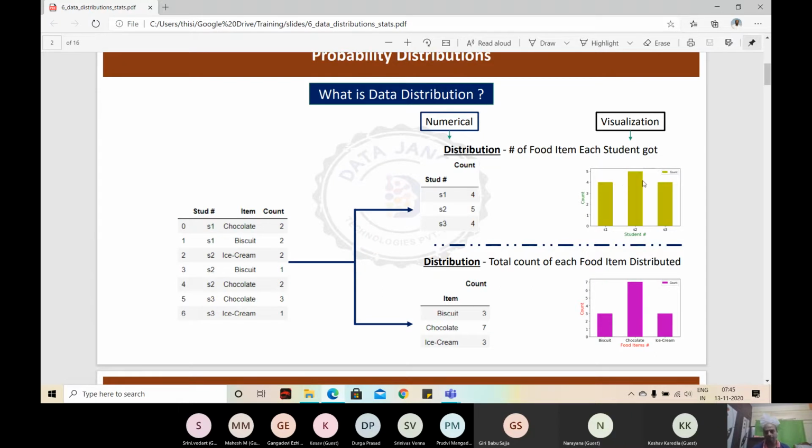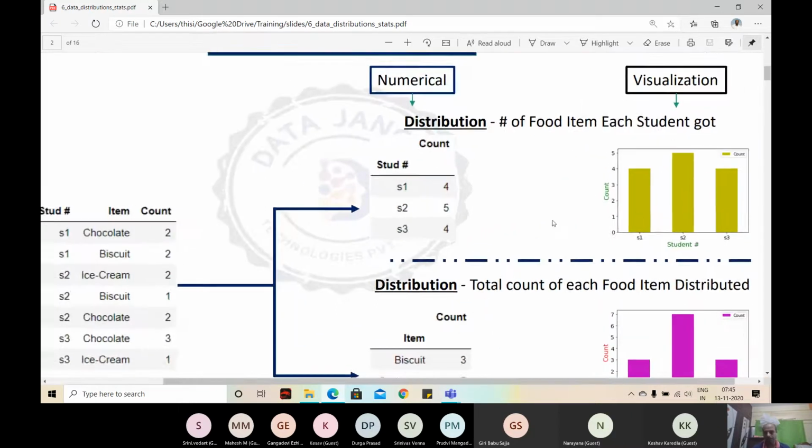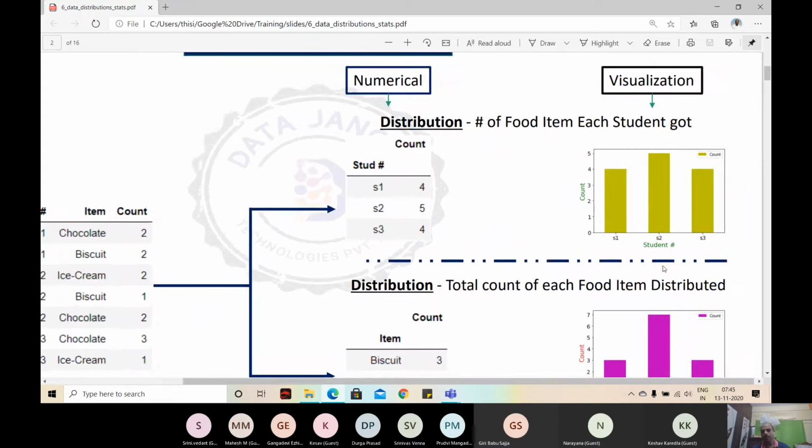If you look at this graph, student 1 got 4 items. They can be chocolates, biscuits, or ice creams. Student 2 got 5. Student 3 got 4, like that. This is the distribution of food items each student got.